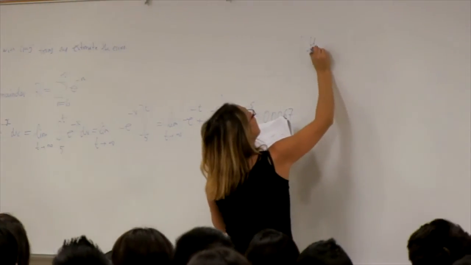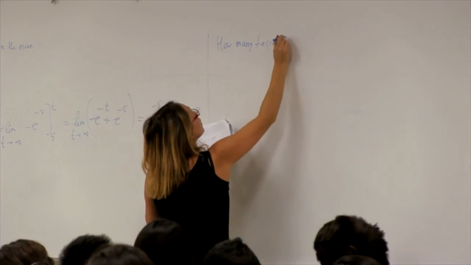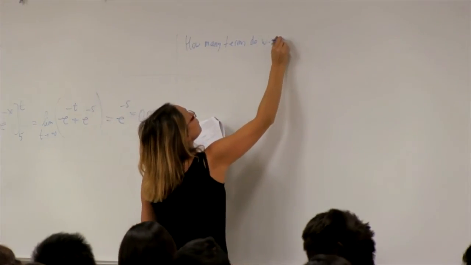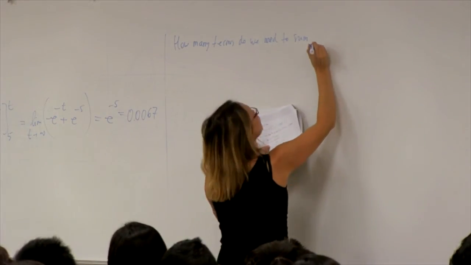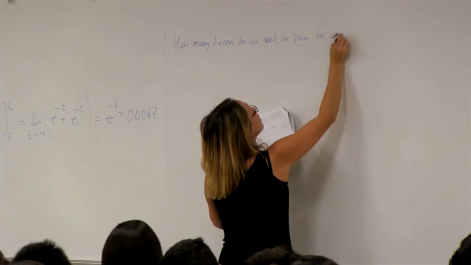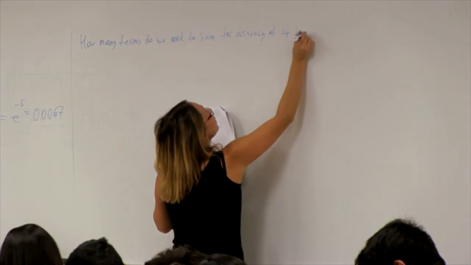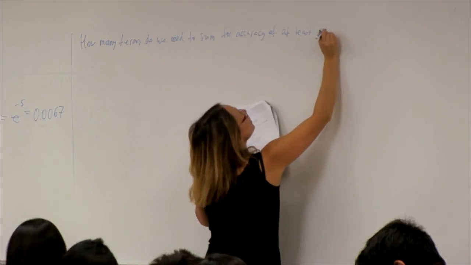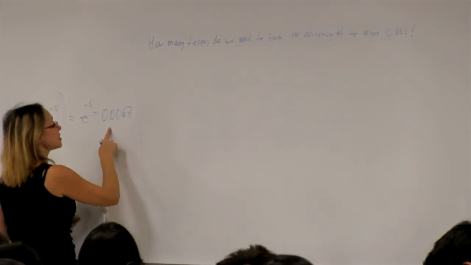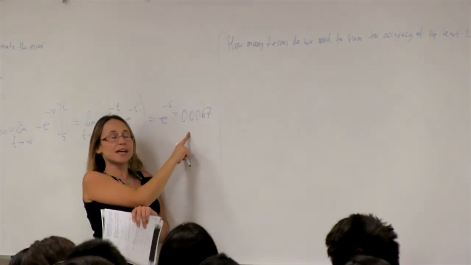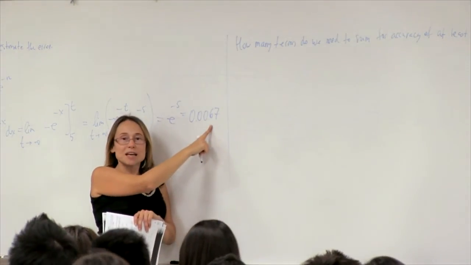So how many terms do we need to sum for accuracy of at least 0.001? So you can see that 5 is not quite enough because the error that I got here is 0.0067. So it's about 7 times bigger than I want.